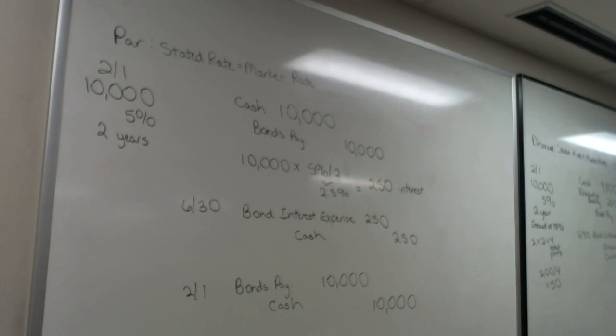So you just take your discount amount and divide it by your total number of payments to get how much of that discount you want to credit or recognize or amortize, however you want to look at it, every period.